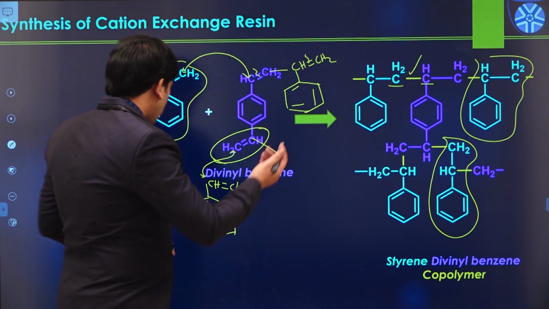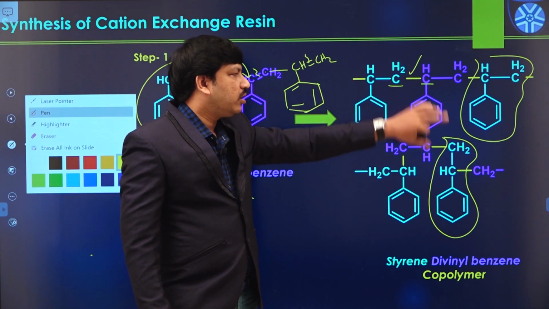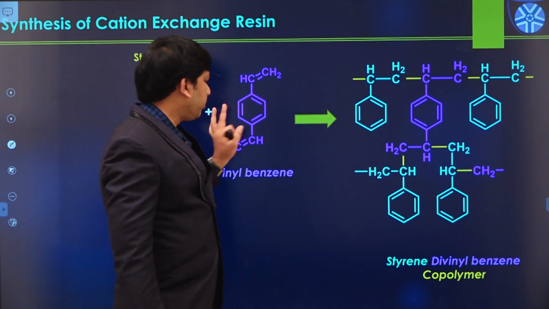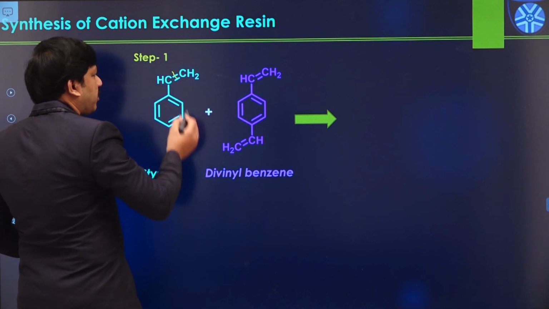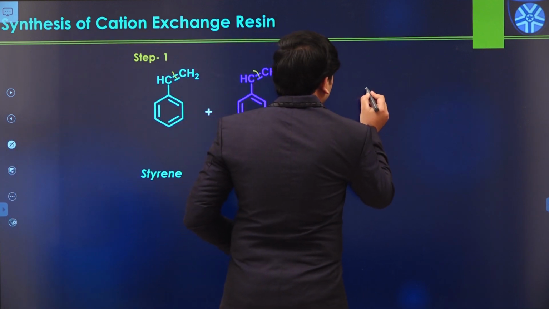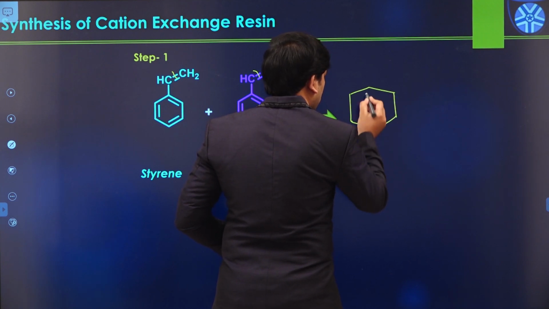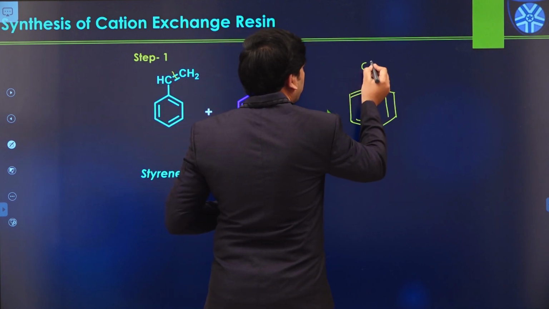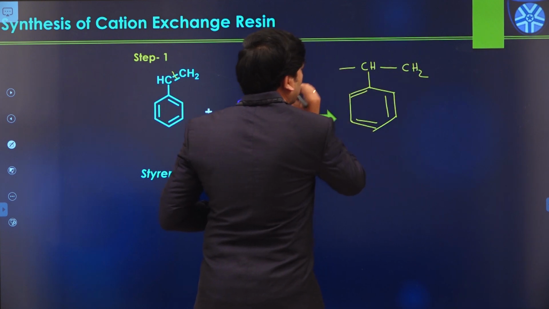But one of the problems is how to represent this kind of polymer during the examination. I will try to represent this molecule again from these two monomers. What is the first thing? This bond undergoes cleavage, and this bond also undergoes cleavage. So there is a CH group. Now this is a CH2 unit.